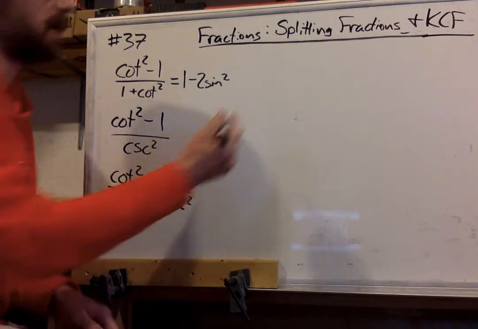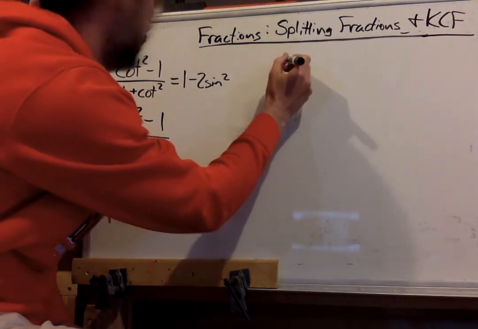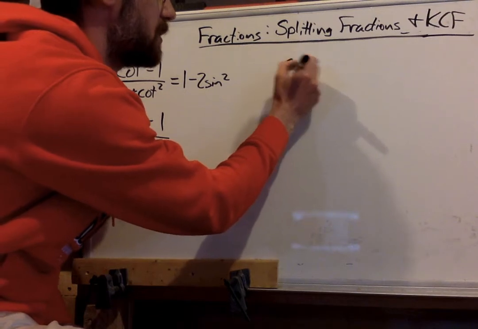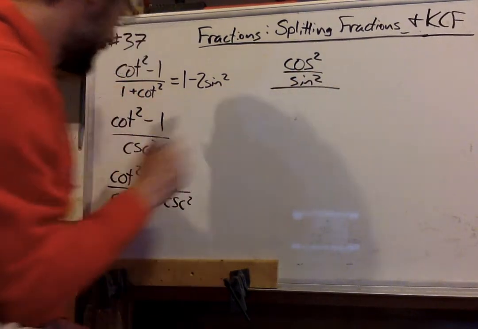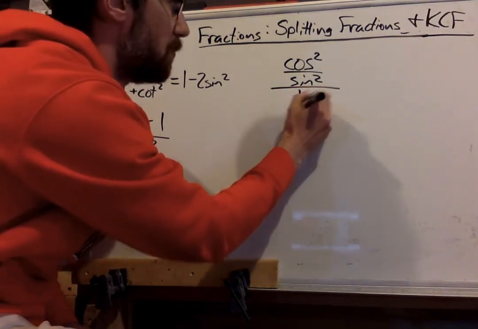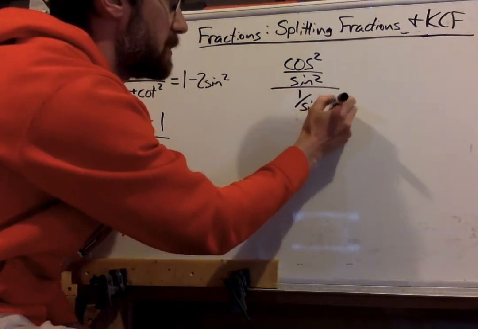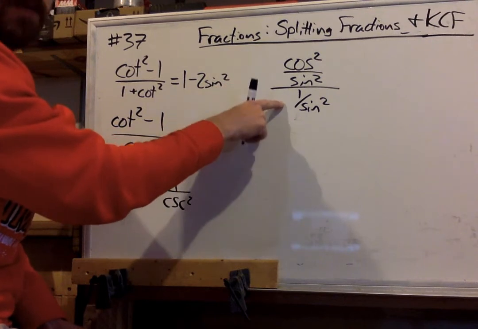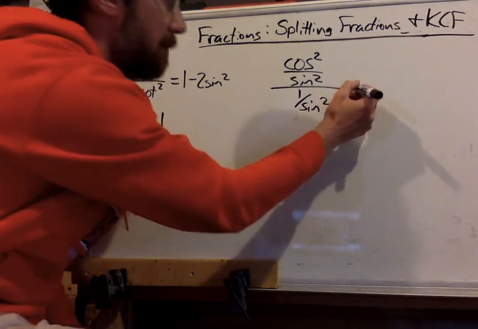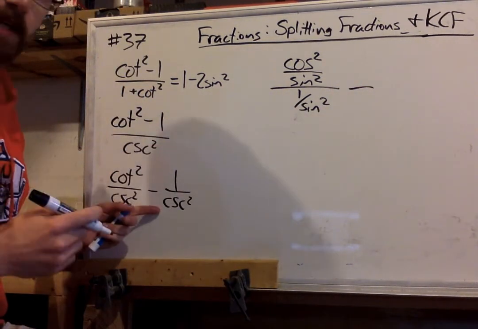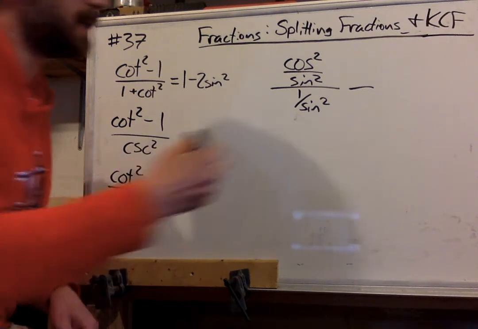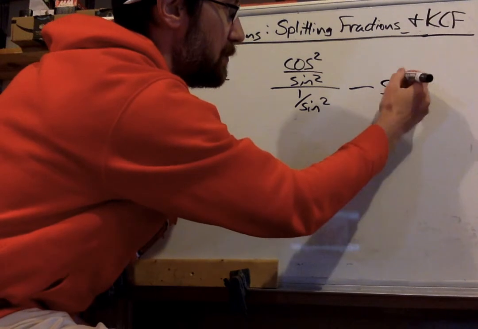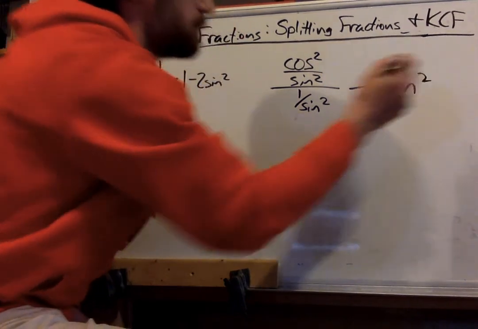So for this one, I'm going to change it: cotangent squared is cosine squared over sine squared, and cosecant squared is 1 over sine squared. So I've got fraction over fraction, big fraction. And then minus, we could use keep, change, flip here, but it's 1 over cosecant squared. That's a reciprocal identity. I'm just going to change that to sine squared.